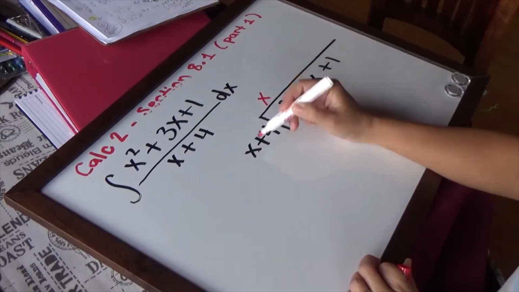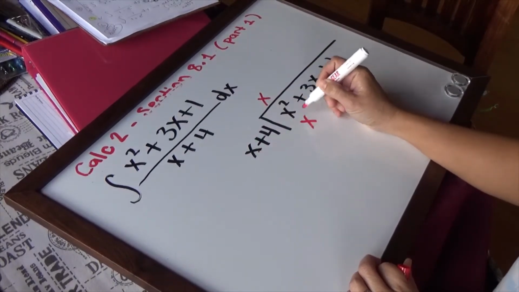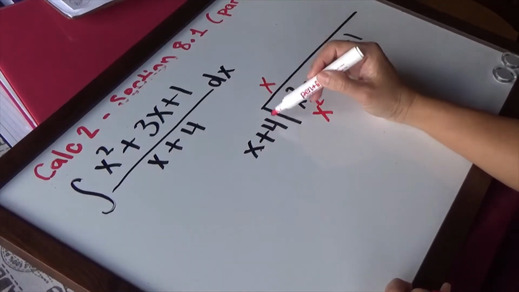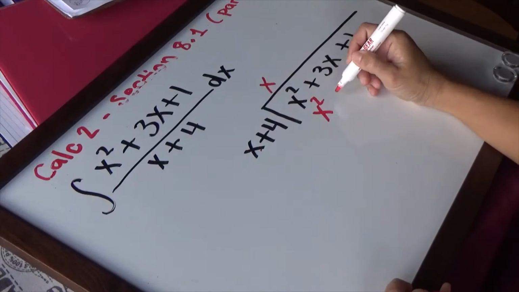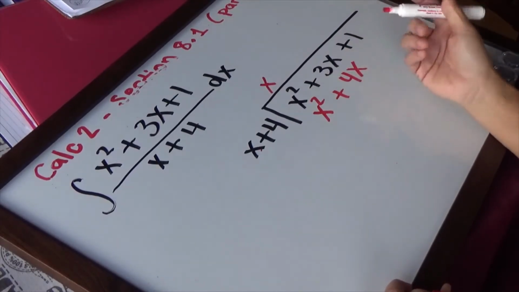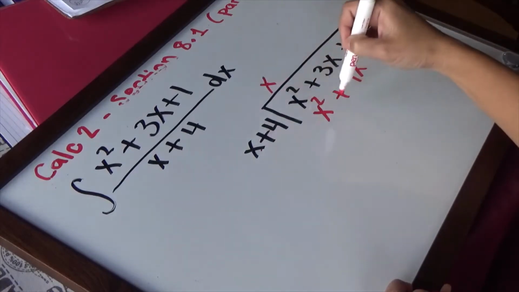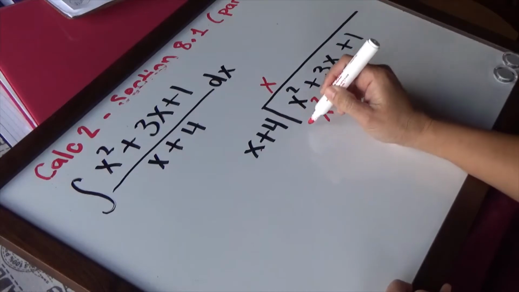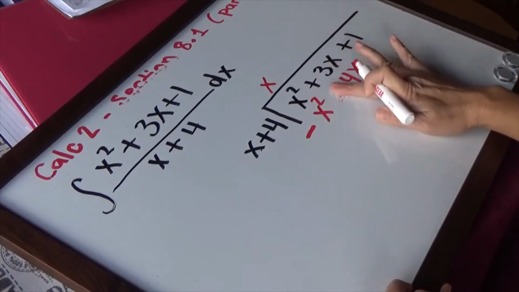So x times x is x squared. And distributive property applies, so you have to also take x and multiply by 4. That's plus 4x. And then what are you supposed to do after you multiply and you put it here? Yes, you are going to subtract. So that would be minus.